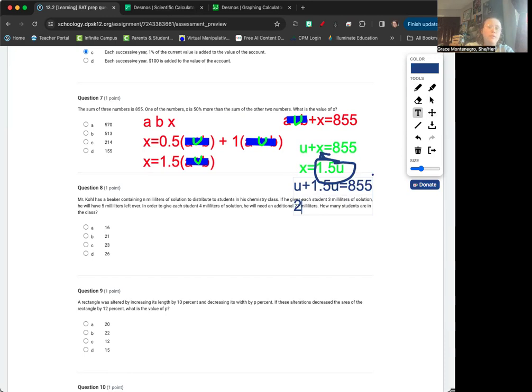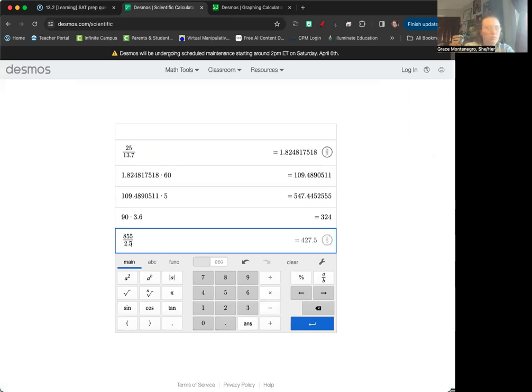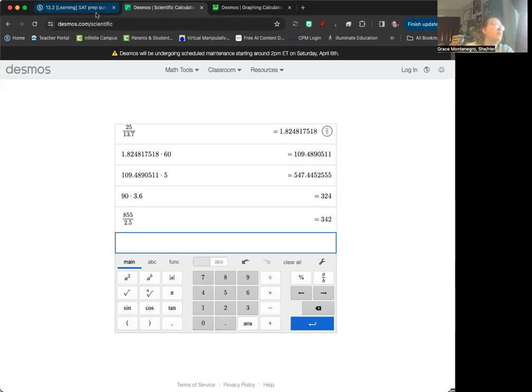That adds up to 2.5 U. We divide both sides by 2.5. $342.